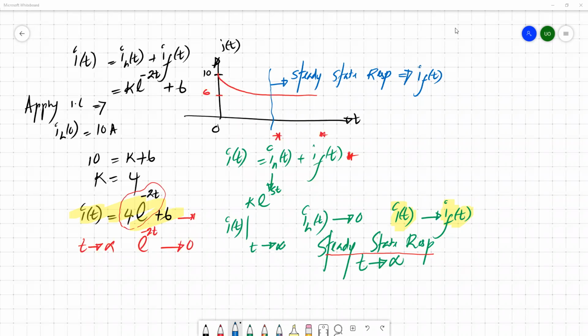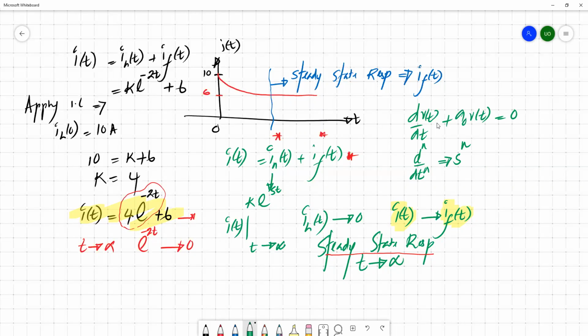How you get the characteristic equation is very simple. If you have a differential equation, like this one, replace the nth derivative by s to the power n.